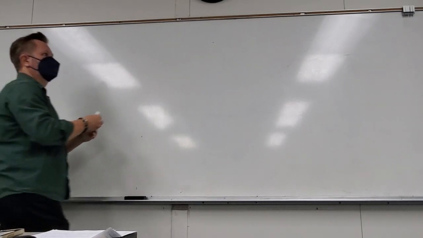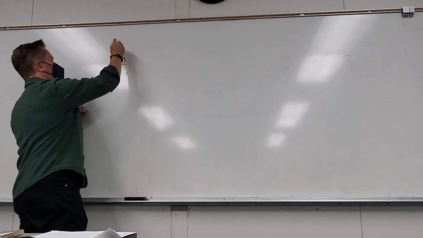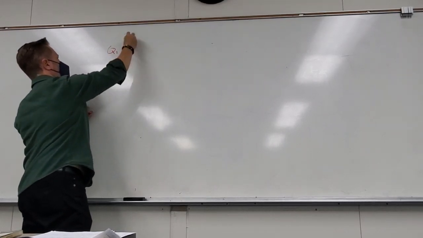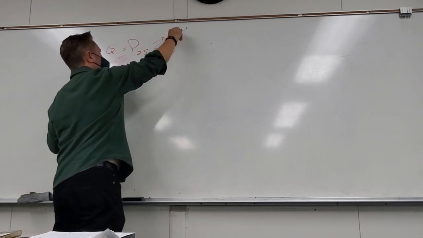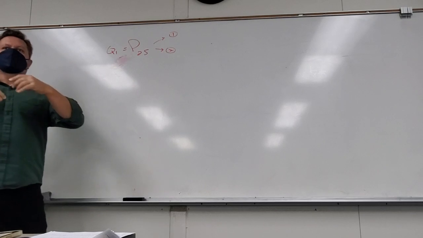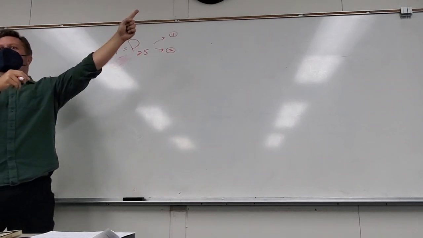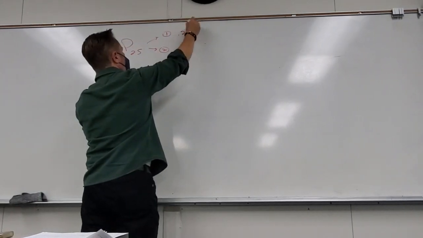Divided by 29. No. So if I want Q1, that's the same thing as P25. So the first step of any percentile is to take that percentage of the number. So in this case, 29. So I take 25% of 29.